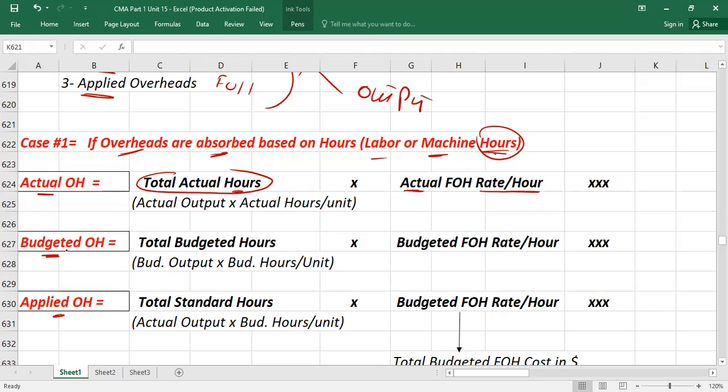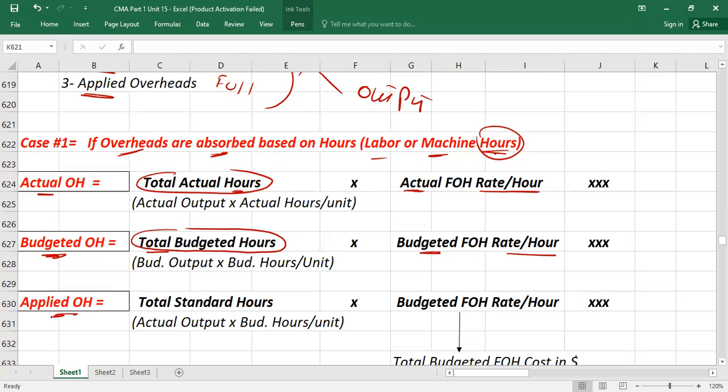For budgeted overhead, you need total budgeted hours multiplied by the budgeted rate per hour.